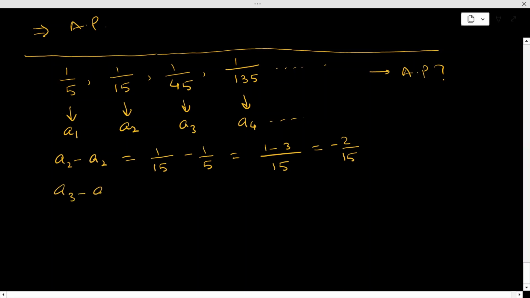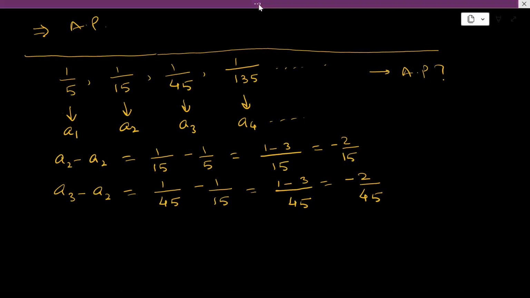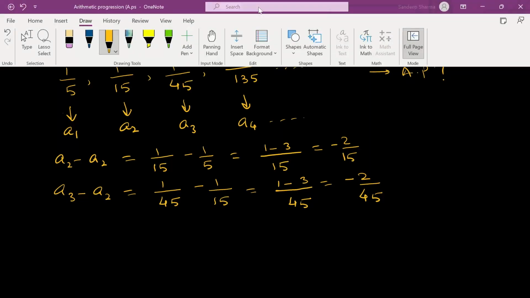Now we have A3 minus A2. That will be 1 upon 45 minus 1 upon 15. If you take the LCM as 45, this is again 1 minus 3, so it comes out as minus 2 upon 45.